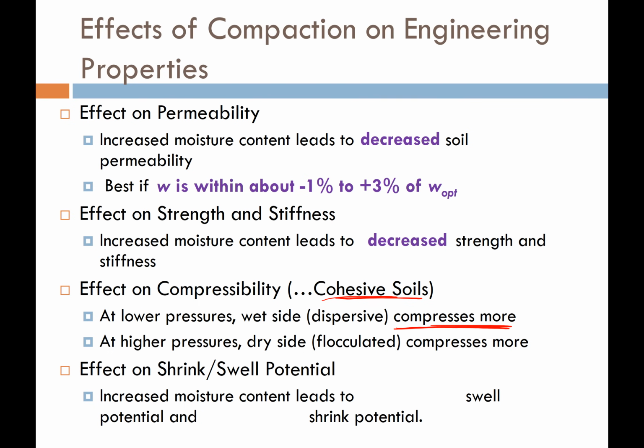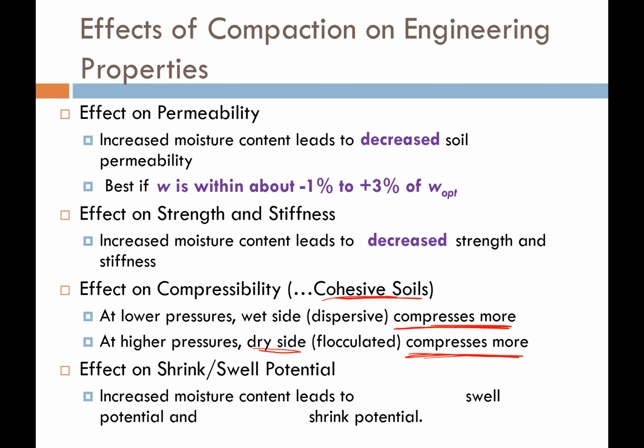However, interestingly enough, if we plan to have high pressures, in other words, the soil that we're compacting is going to be under lots of compacted fill, then the wet of optimum will compress less, and dry of optimum is going to compress more.